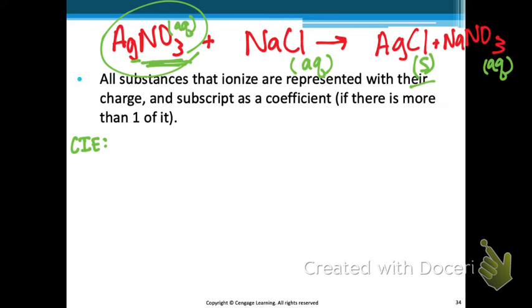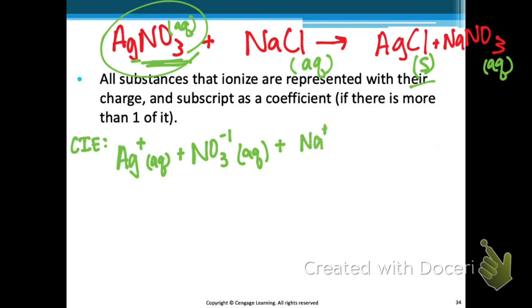And so that means we would be left with Ag+, aqueous, plus nitrate, which has a charge of -1, aqueous, right? That is us showing our ionized first compound. Our second reactant is sodium chloride, and we said it is aqueous, so it will ionize as well.